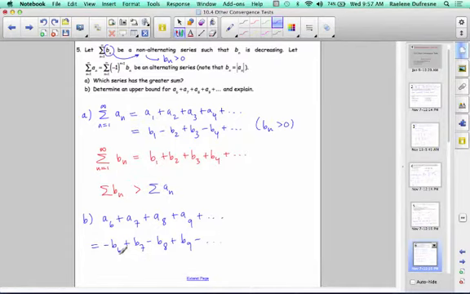And the fact that these terms are decreasing means that the size of the first two terms, for example, negative b_6 plus b_7, is going to be at most, in magnitude, the amount of b_6. But I don't need absolute values around b_6 because b_6 is already a positive term.